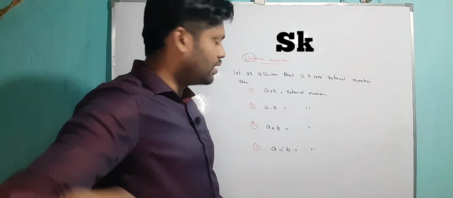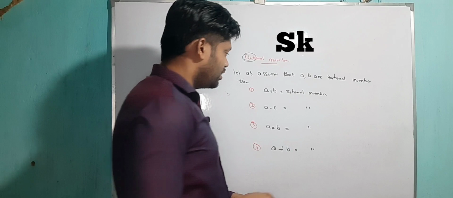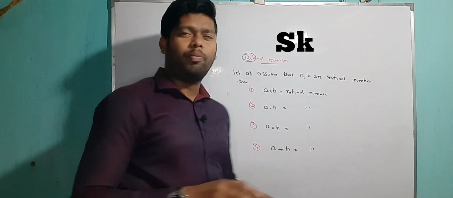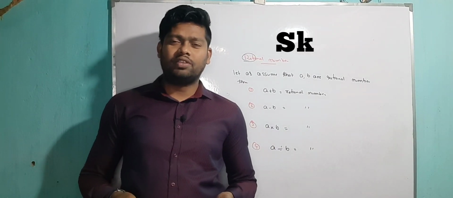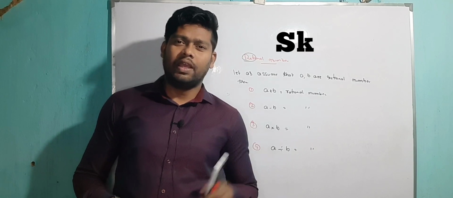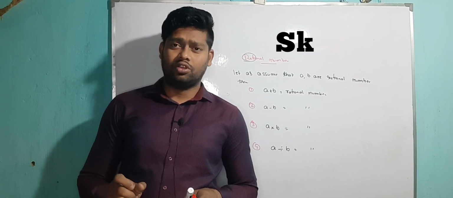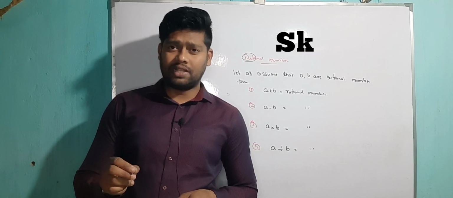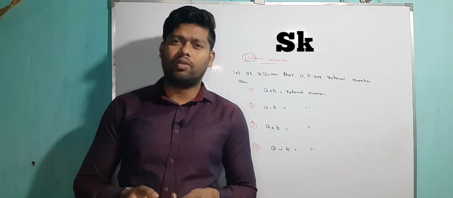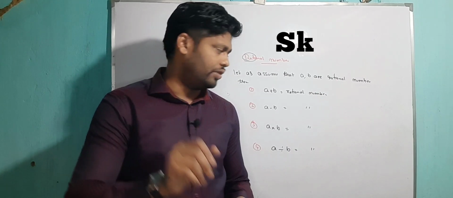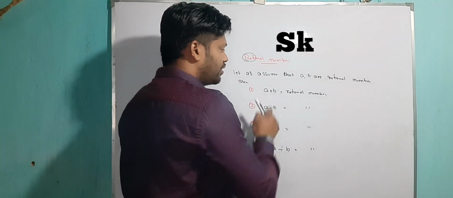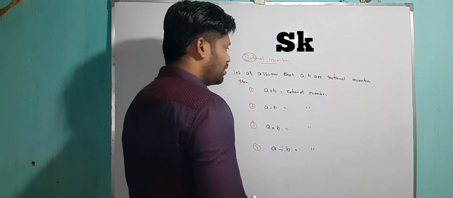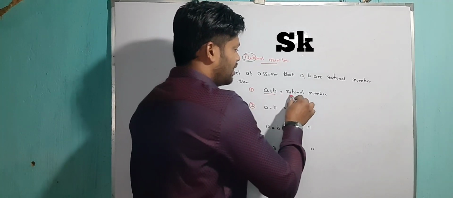Next. Now this is one property. For example, if I assume that a and b are rational numbers, then whatever calculation I do, I will obviously get a rational number only. If I do addition of the two numbers, and the two numbers are rational, the answer will be a rational number.